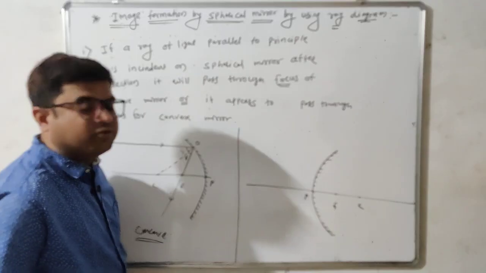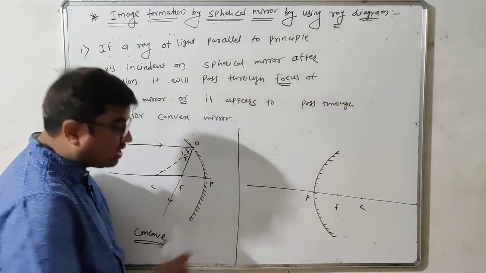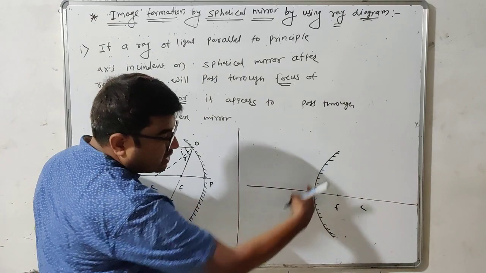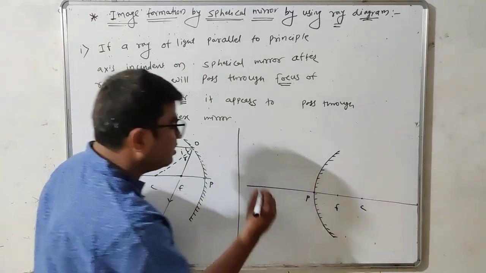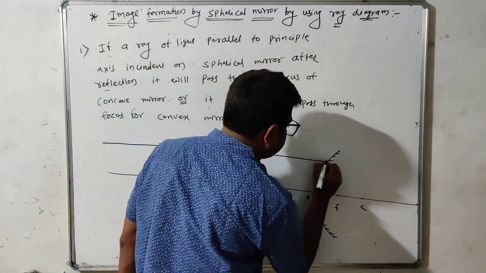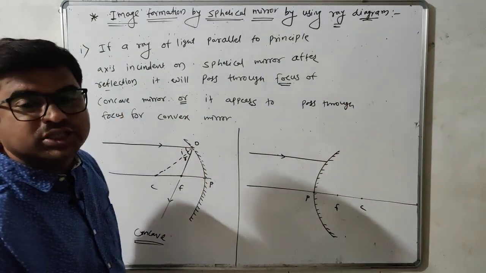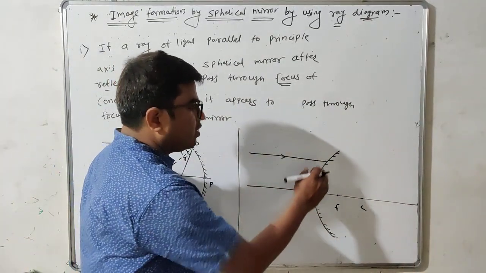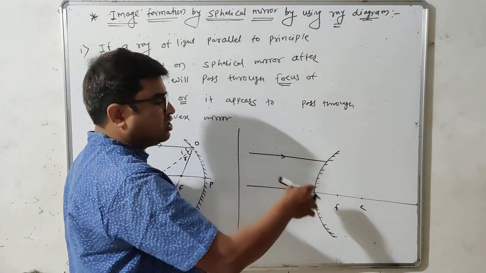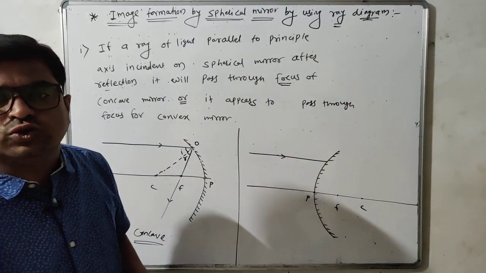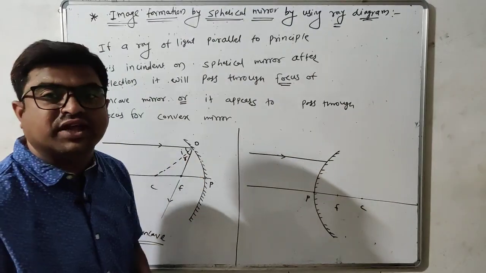Now if a ray of light which is parallel to this principal axis is incident on the reflecting surface of the convex spherical mirror like this, what is the direction of propagation of the reflected ray? Let us find this out using the same laws of reflection.